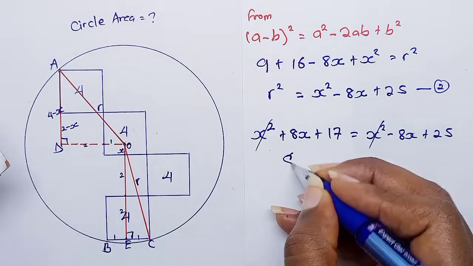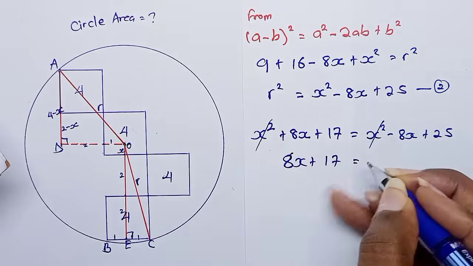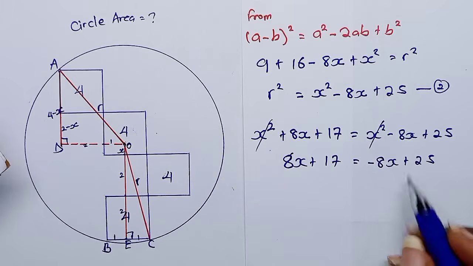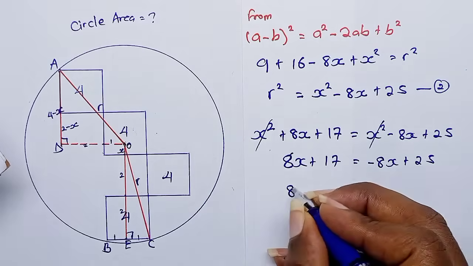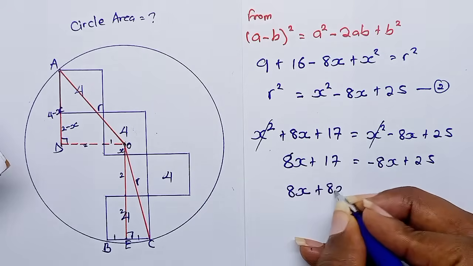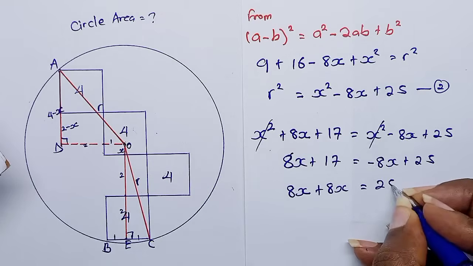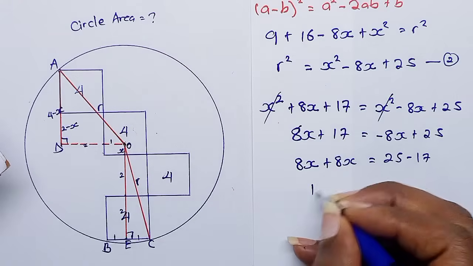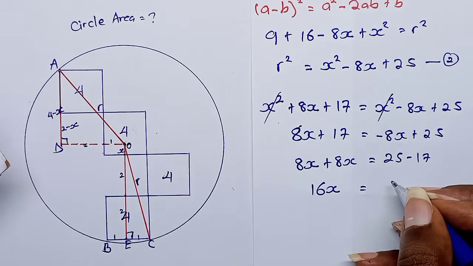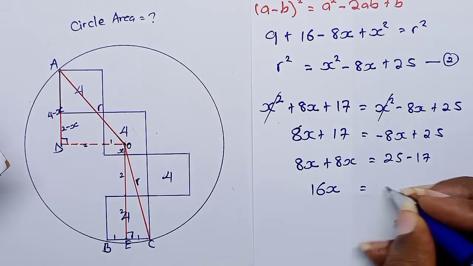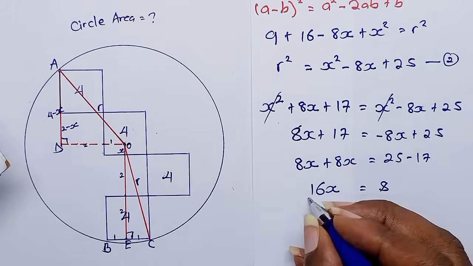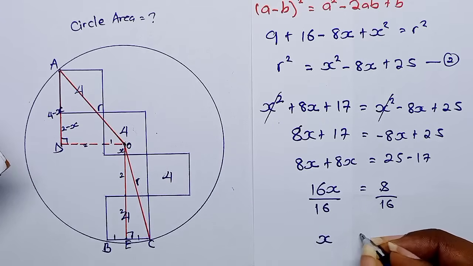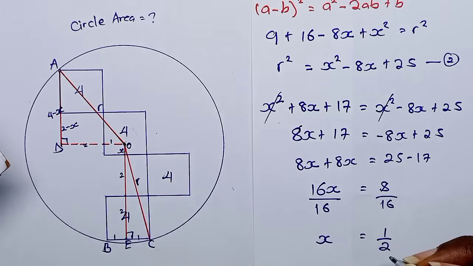So we are left with 8x plus 17 being equal to negative 8x plus 25. Let's collect like terms. So we shall have 8x plus 8x being equal to 25 minus 17. 8 plus 8 gives us 16. So 16x is equal to 25 minus 17, which gives us 8. So divide both sides by 16, and we shall have x being equal to a half.